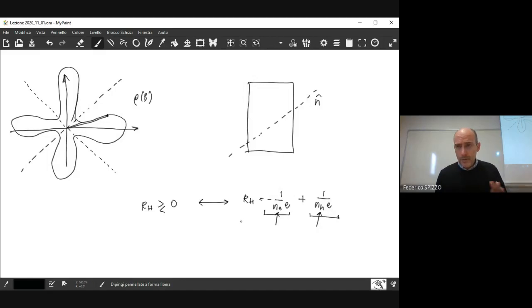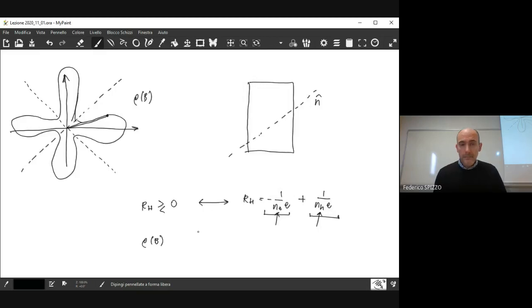So we somehow reconciled the experimental results with what is expected by using the configuration where we have Bloch electrons and the semi-classical equations of motion. Then concerning resistivity, now we have the opportunity to predict resistivity dependence on the magnetic field.